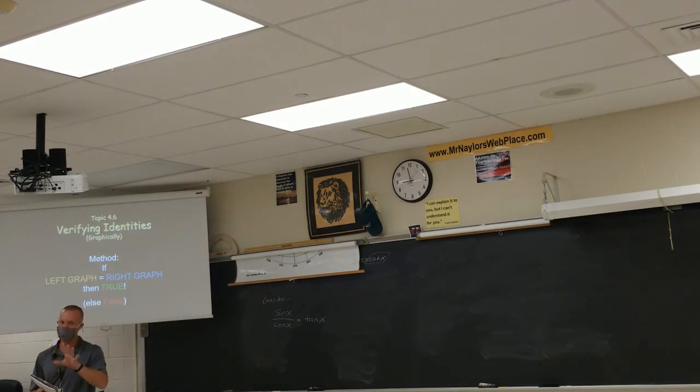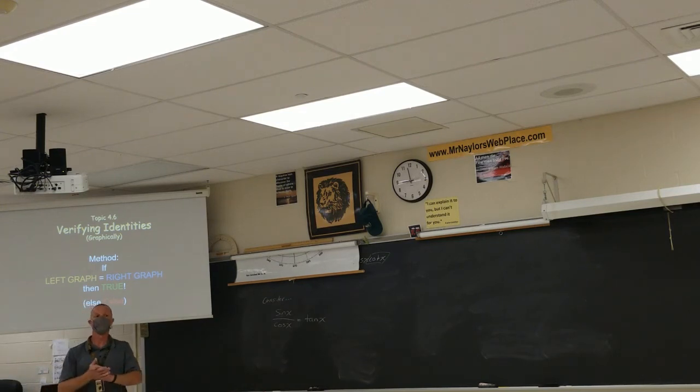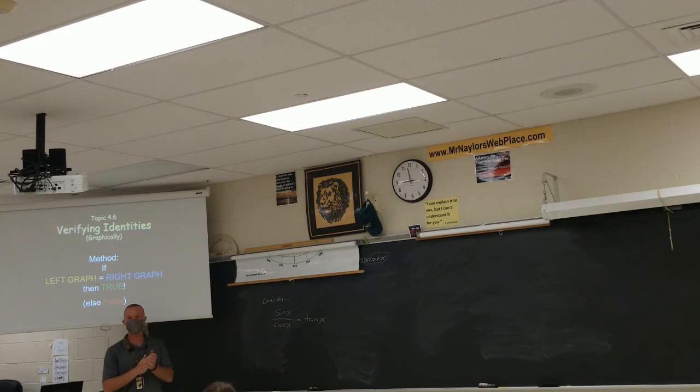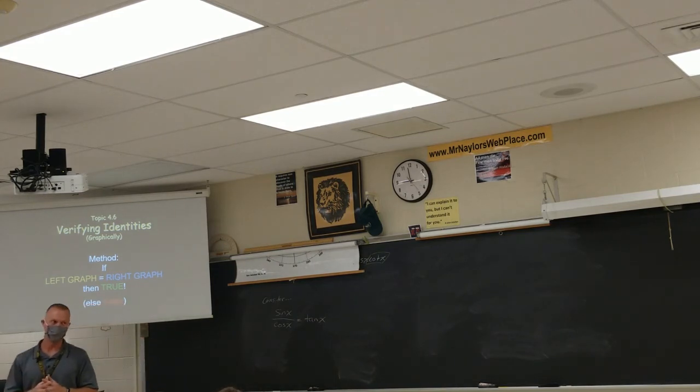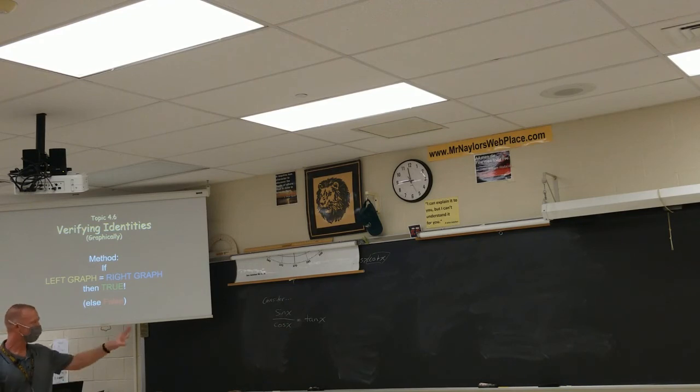Now, before we go any further, I kind of hope that you're saying, Mr. Naylor, that's true, right? Isn't sine over cosine equal to tangent? Yeah, it's equal. Okay, so we already know that the answer is true. You know, we've kind of established this as what's called the quotient identity. But I want to use this to show you guys what I mean by this graphing method.